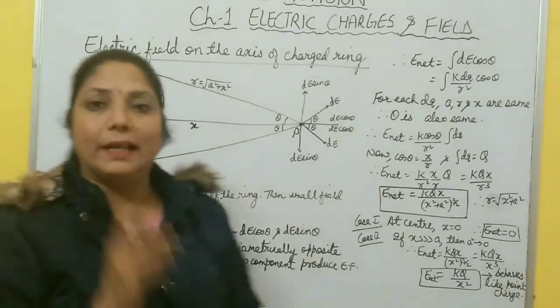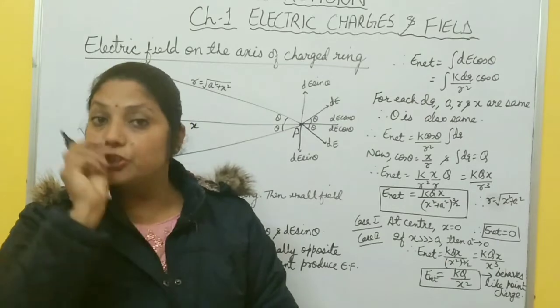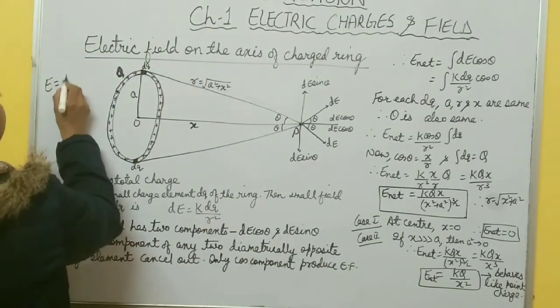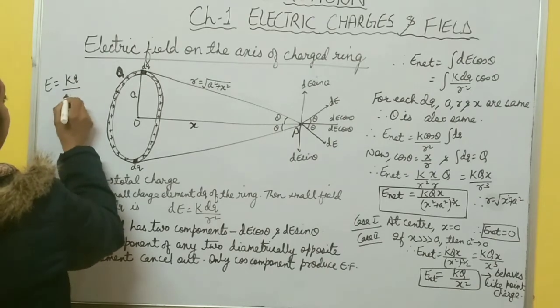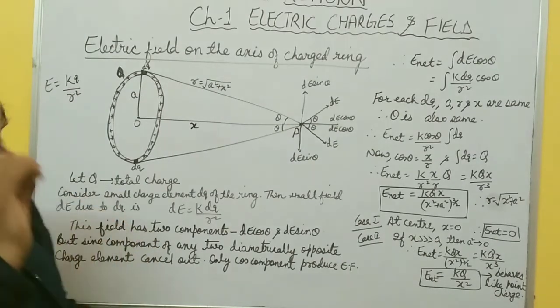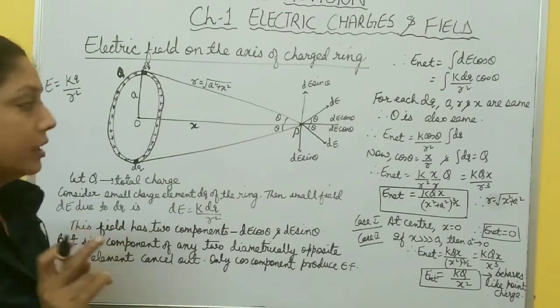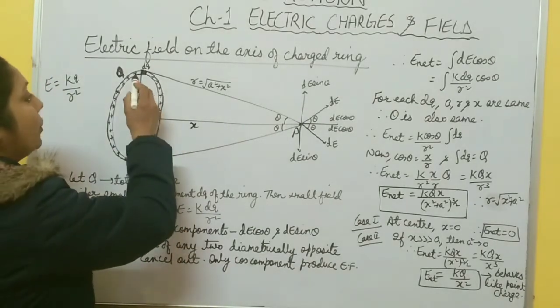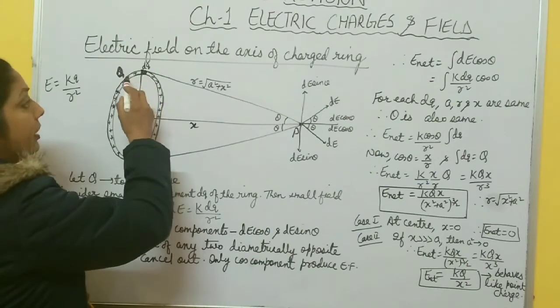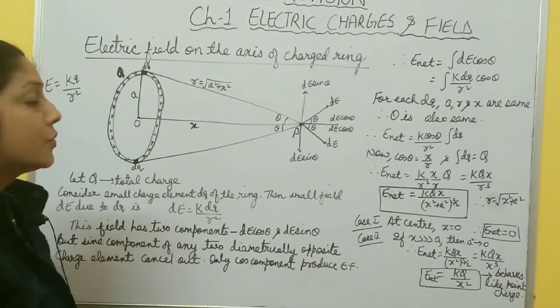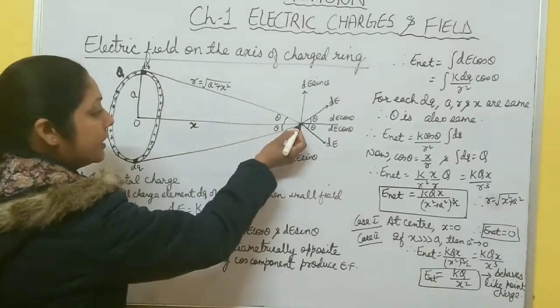Now you know electric field due to a point charge Q. What is the formula for that one? Electric field due to a point charge Q is E = kQ/r², where r is the distance at which the field is to be determined from the charge. But here there is not only one charge. There are a large number of charges uniformly distributed over this ring. So how do you find the total field at this point?